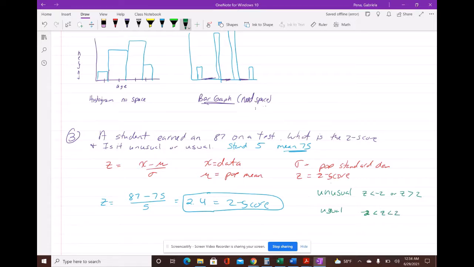So when I look at this, it is greater than 2, so this is going to be unusual. We calculated it because they have to give you 3 things: the data, the standard deviation, and the mean, and then you plug it into this formula.